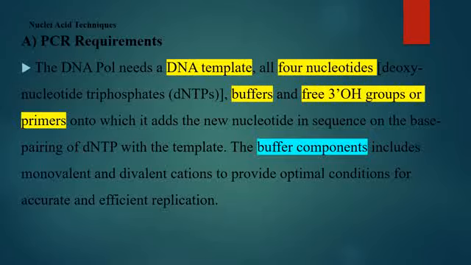When you need T, it should be available. When you need A, it should be available. When you need C, it should be available. So all these 4 should be available. You need buffers to give the requisite environment that the replication or the polymerase reaction can take place, and then your primers, which would actually start the whole copying of the required DNA.